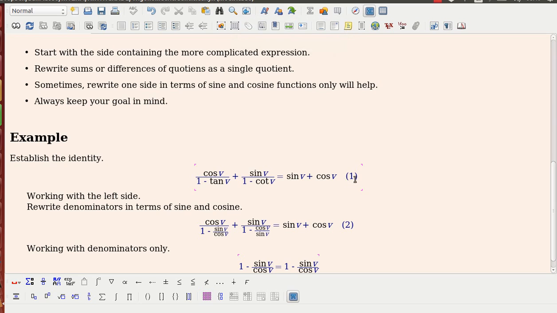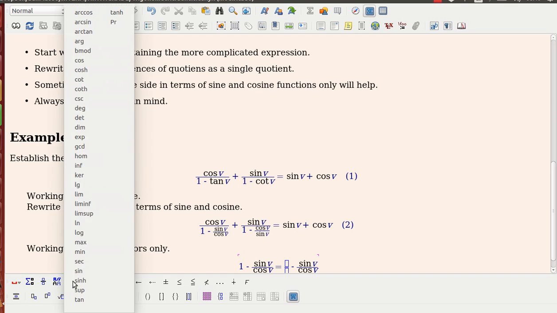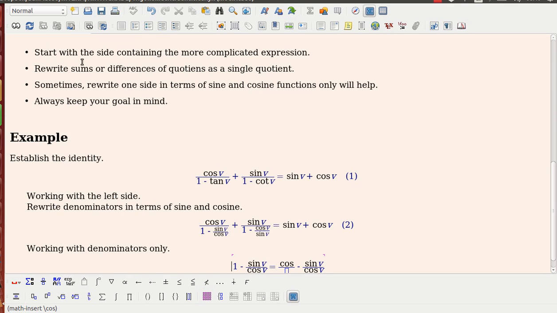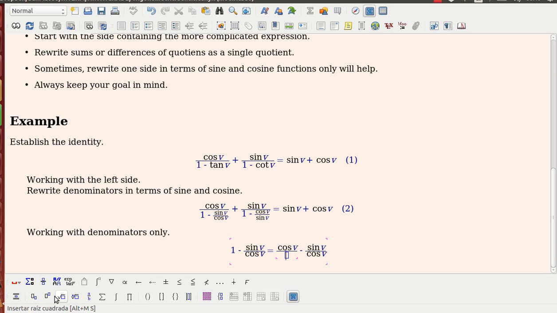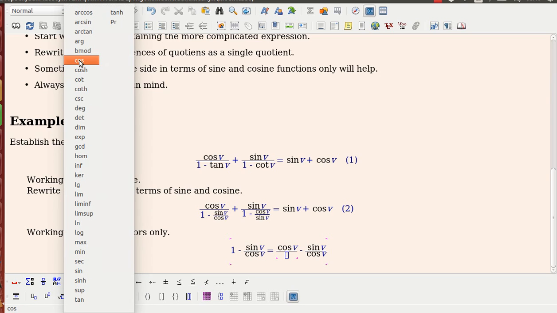I can rewrite this expression with one common denominator, that is cosine. Cosine of the angle divided, of course, by cosine of the angle.